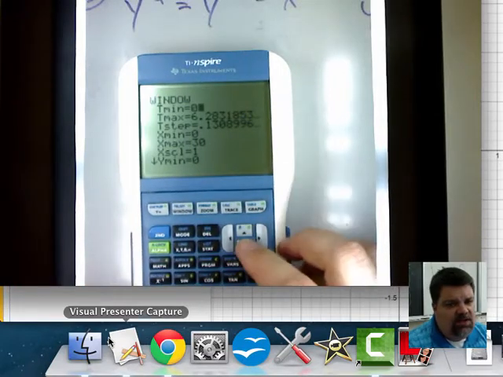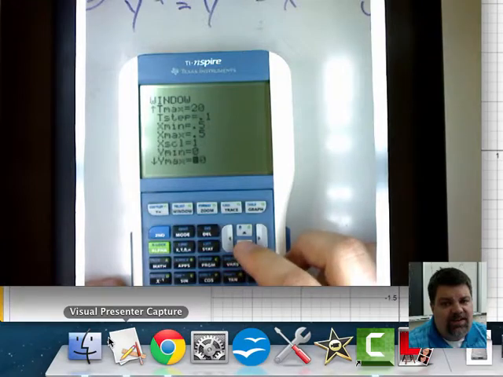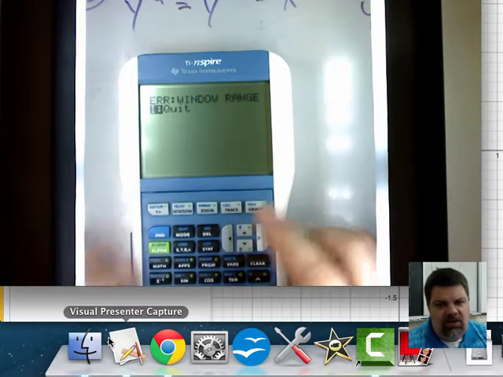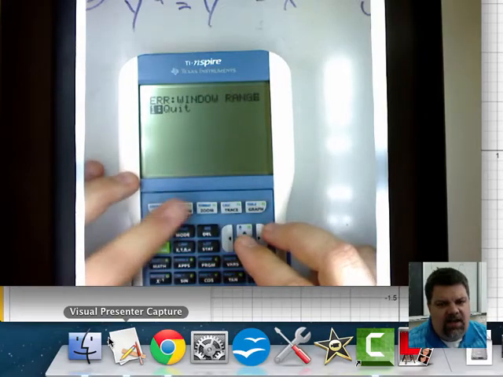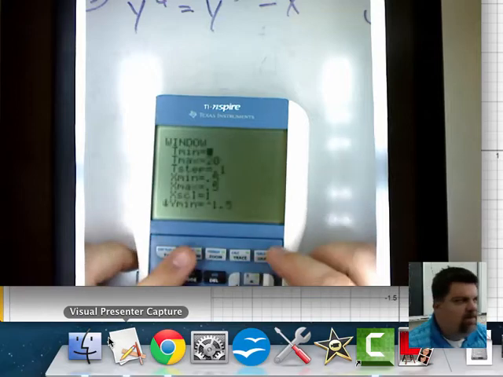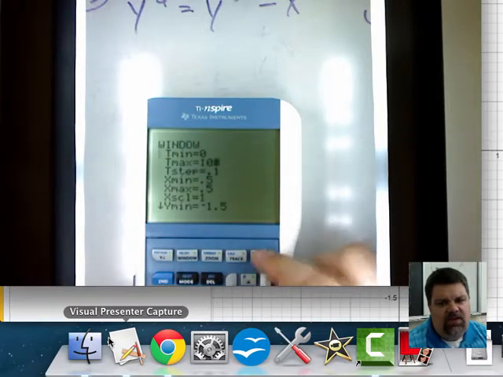Now the only other thing that we need to do is set our parameters. Remember, both the x and y value are dependent upon t. And so I'm going to plug in like 0 to 20 for t min, t max. And I noticed that when I graphed it on my website that the x and y value went from negative 0.5 to 0.5.